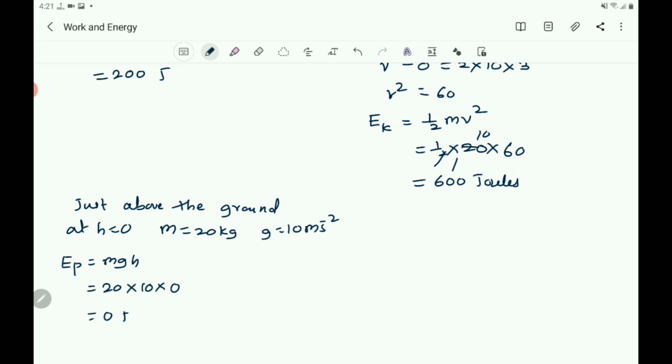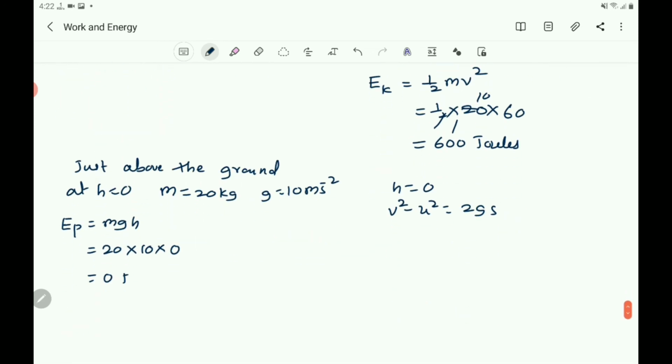And what about kinetic energy? Here at h equals 0, you take v square minus u square is equal to 2gs. Here the distance travelled is 4 meters, from 4 to 0, that is 4 minus 0 equals 4 meters. So v square minus 0 equals 2 into 10 into 4.